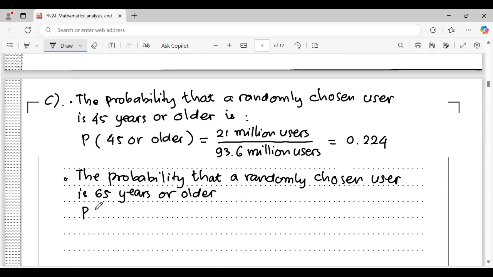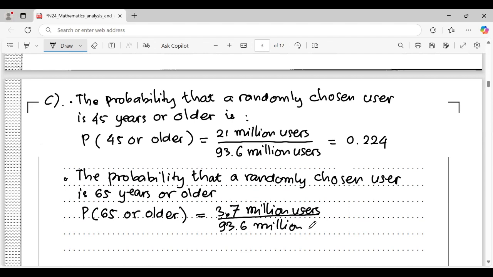The probability of 65 or older is 3.7 million users over 93.6 million users. If you calculate the result, it is 0.0395.